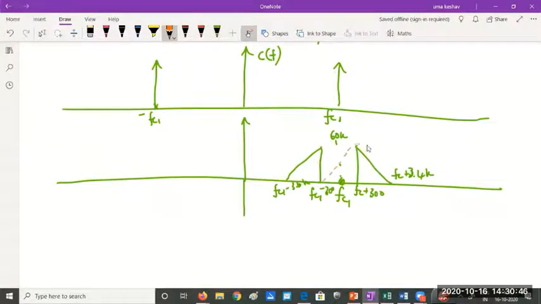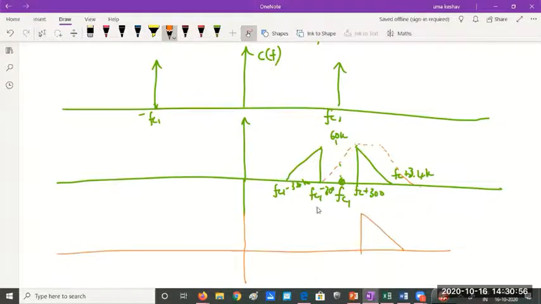That filter removes, say, this sideband. The filter removes the upper sideband, and I'm going to get this signal. Similarly, on the other side, you have the mirror image of this created at minus FC, and the filter extracts the upper sideband.